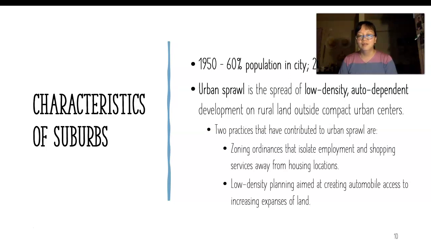Two practices that have contributed to urban sprawl are zoning ordinances that isolate employment and shopping services away from housing locations. When we isolate our workplace from our living and shopping place, we need a lot more space. And the low-density planning aimed at creating automobile access increases the expense of land.